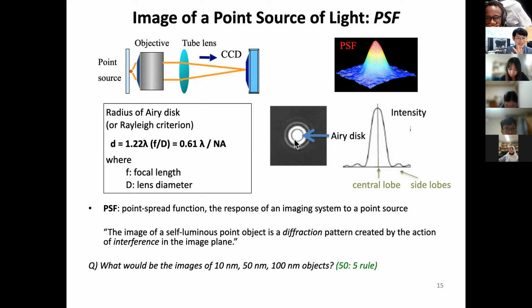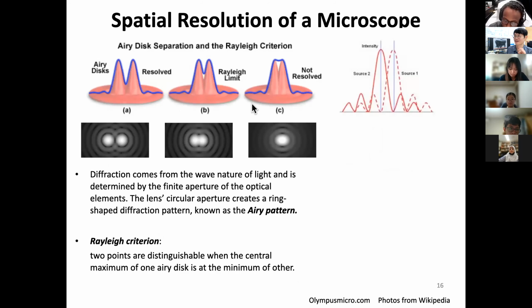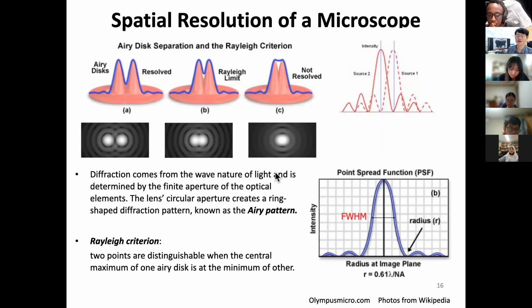Okay, so this is shocking. This is the concept of resolution and point spread function, and hopefully you can consider that. The rest I already discussed with you about the Rayleigh criterion. In practice, we use full width at half maximum as a practical measurement of your optical system.